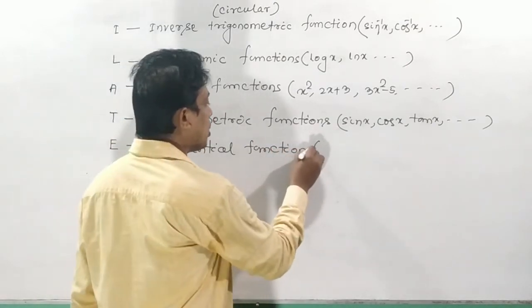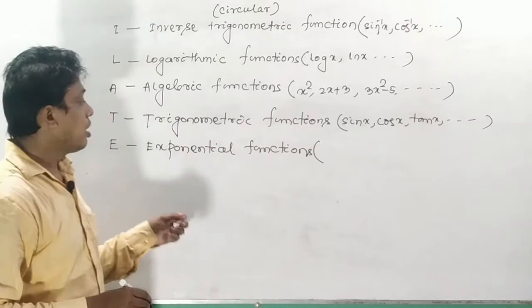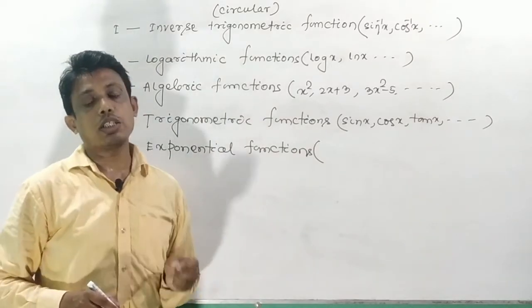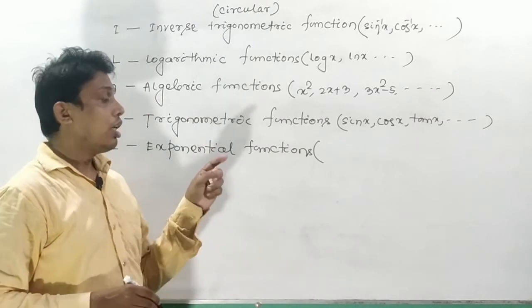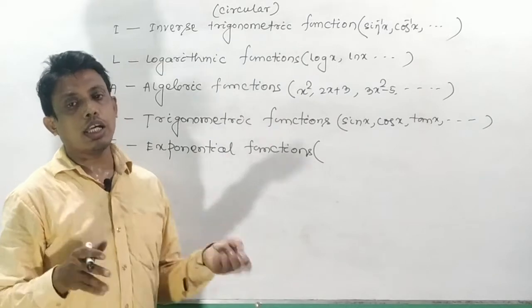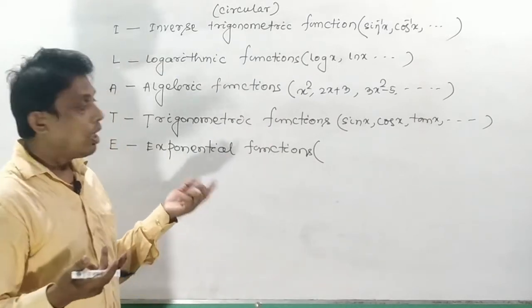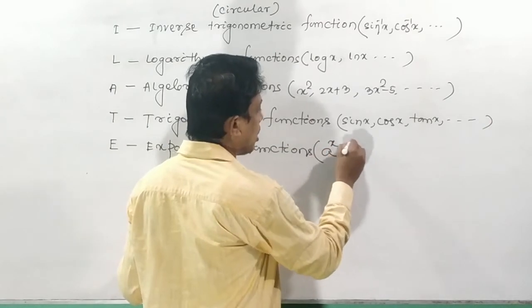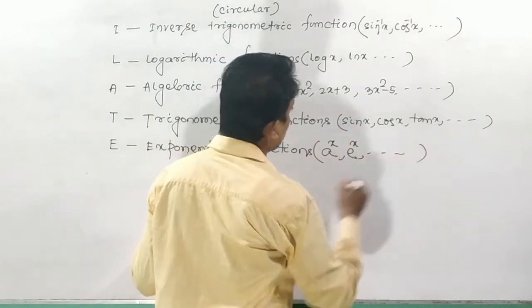Exponential functions. Many students have doubts: what are exponential functions? A very simple thing to remember is a constant to the power of a variable. Any constant, 2, 3, a, e, 5, 7, any constant to the power of the variable is known as an exponential function.